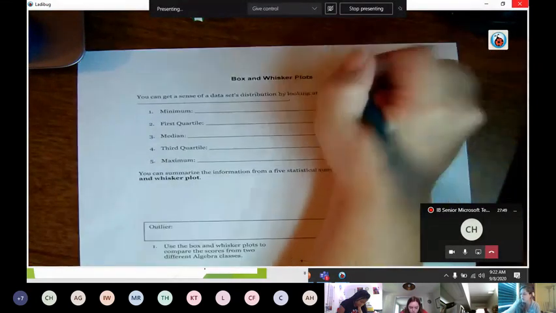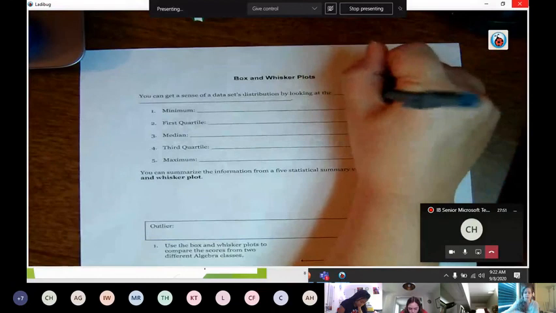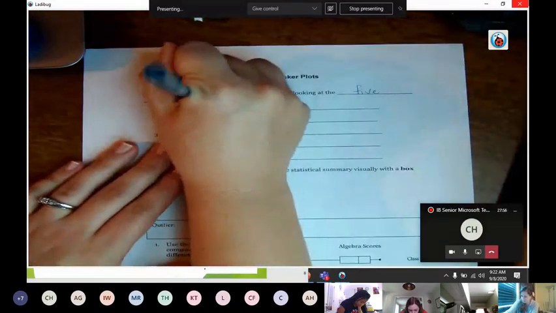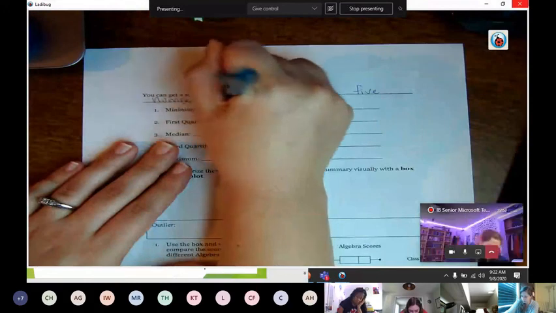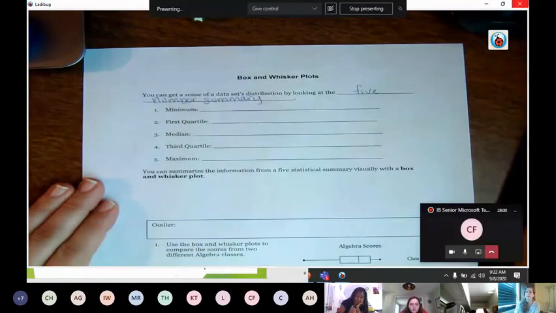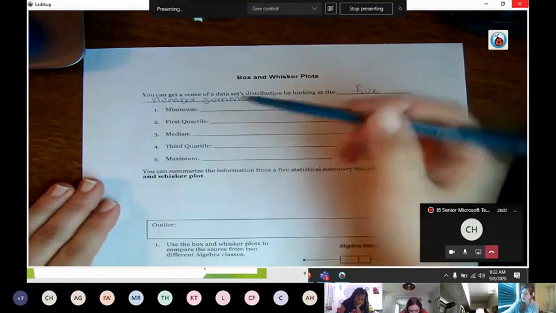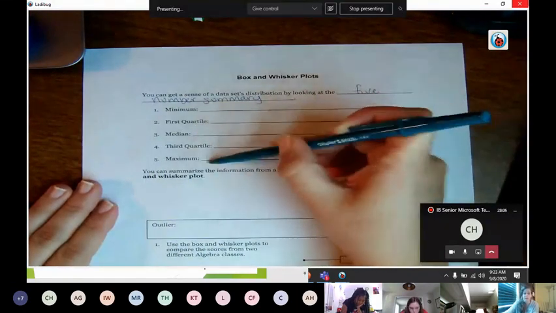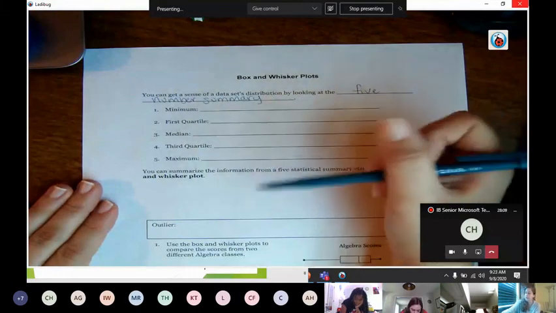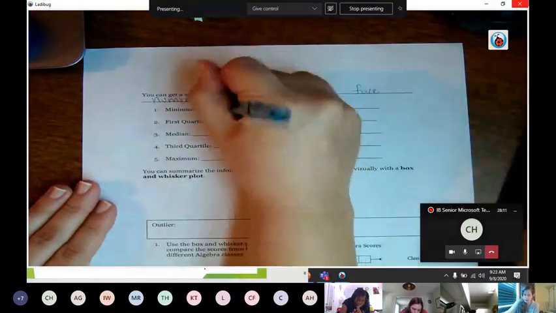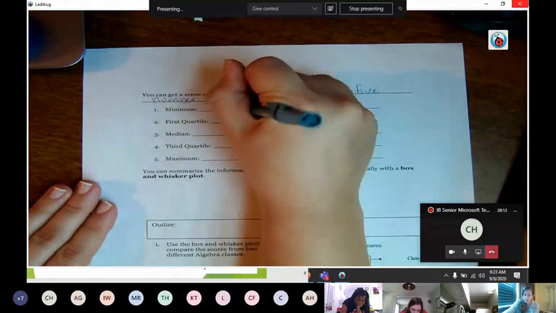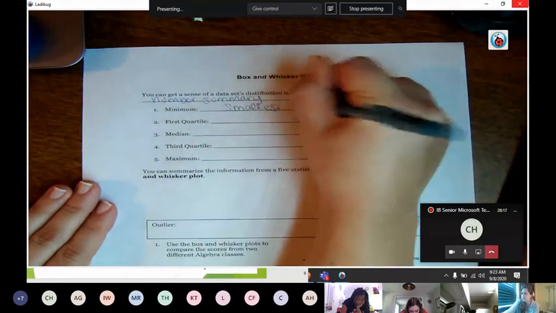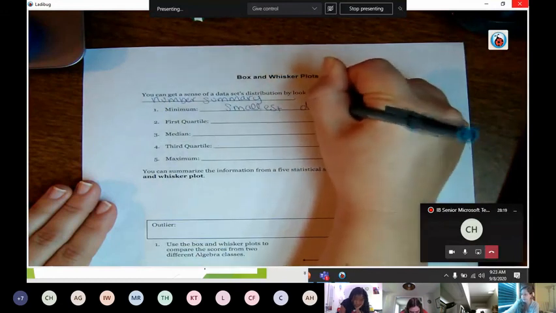Okay, so we can get a sense of a data set's distribution by looking at what is called the 5-number summary. The 5 numbers in the 5-number summary are going to be a minimum, first quartile, median, third quartile, and maximum. Okay, so the minimum, obviously, is the smallest data point. Hopefully that was obvious. I guess I'm writing it down, so maybe for some people it might not be.